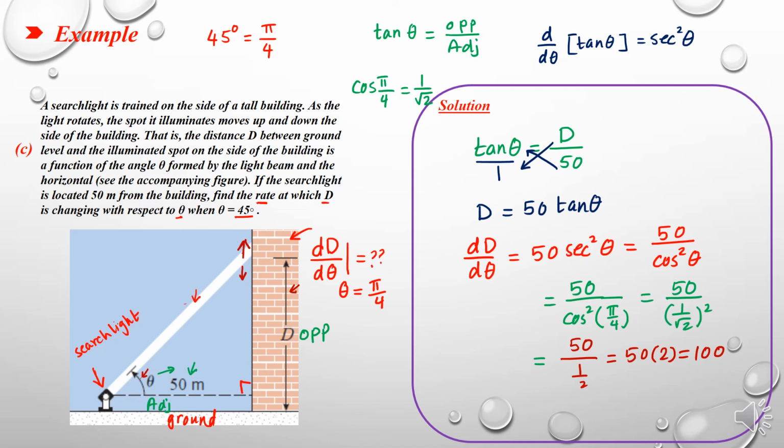So the rate of change of the distance d with respect to theta will be positive here. And this is the end of this example, and that's it. Thank you.